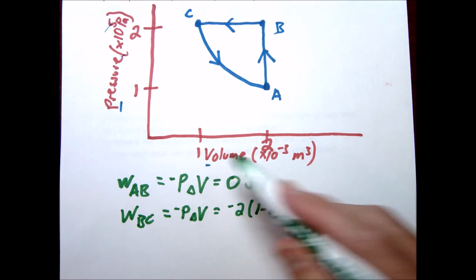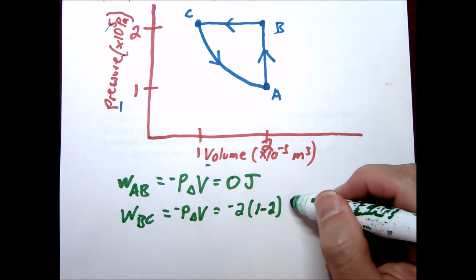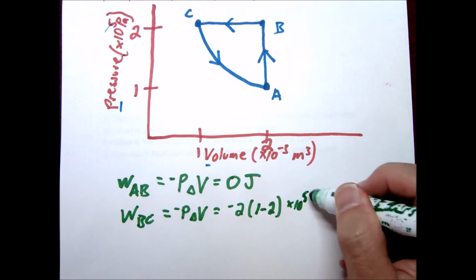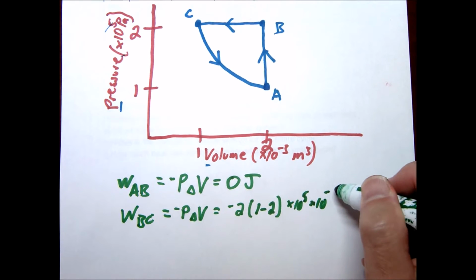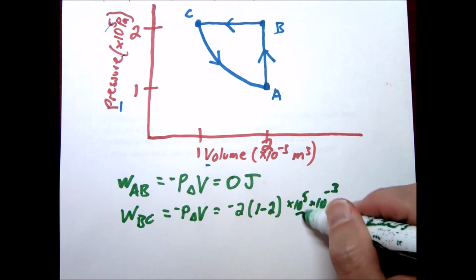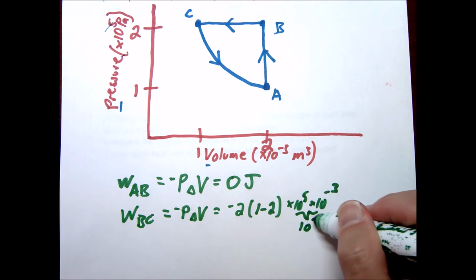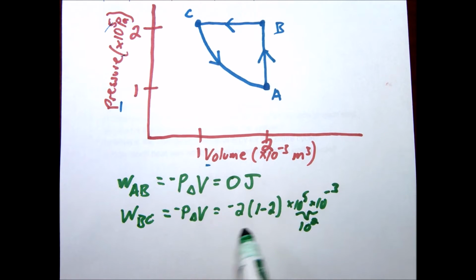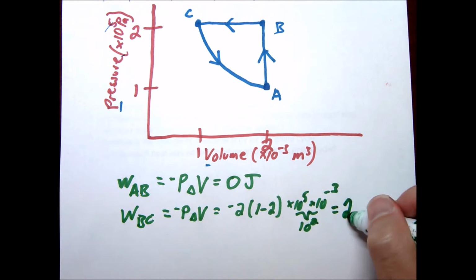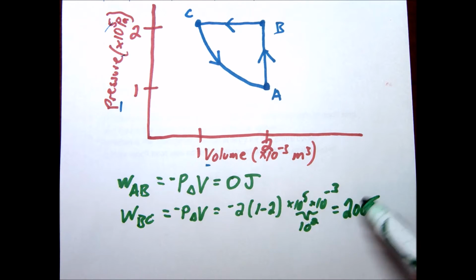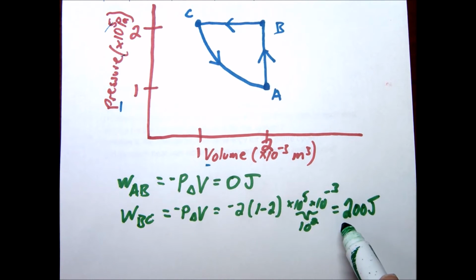Actually, I forgot the little multipliers here, right, so that would be times 10 to the 5th, times 10 to the negative 3rd, and for the future, we just know that's going to be 10 to the 2nd. So we multiply this. Notice we're going to get 200 joules. And we did get a positive number. Remember, positive work means that work is being done on the system.